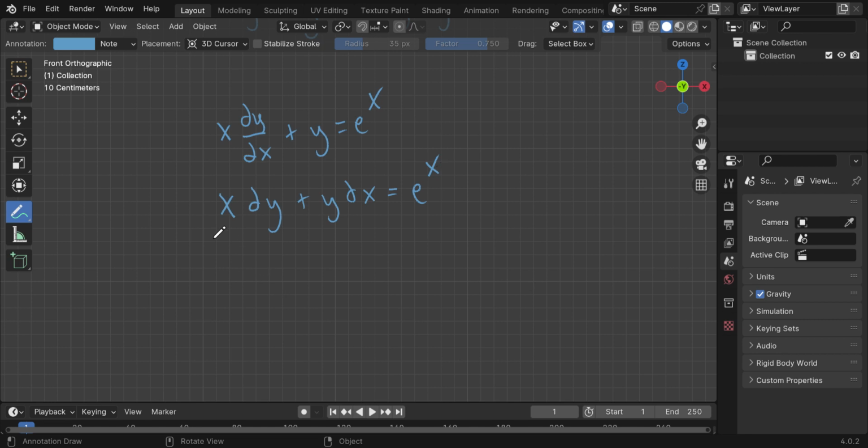And what I'll notice on the left side is that I have the differential of x times y, because using the chain rule, you would get the left variable x times dy plus the right variable times the differential of the left variable, dx. And you see that's exactly what we have up here.